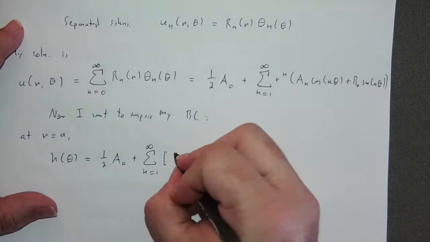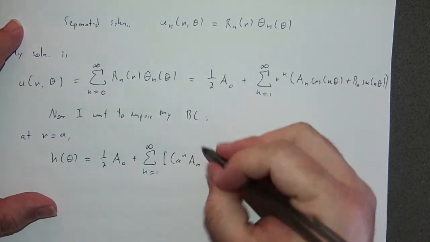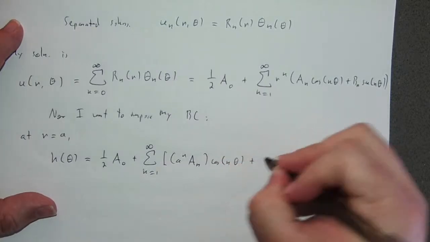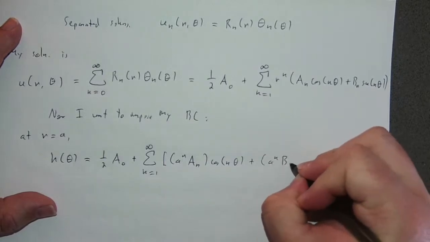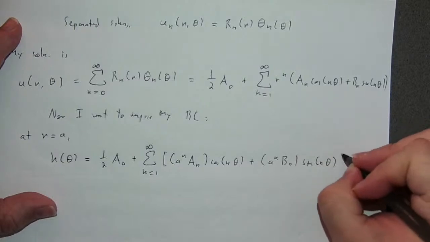So this is little a to the n times a sub n on cosine n theta plus little a to the n times b sub n on sine of n theta.